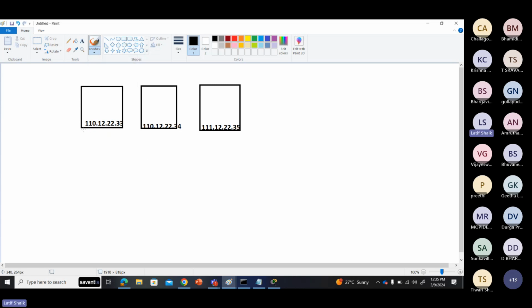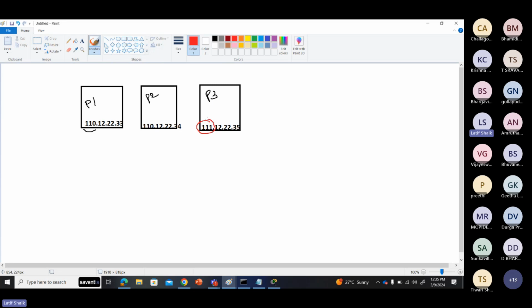So you find what happened. PC1 is able to communicate with PC2, but PC1 and PC2 can communicate with each other, not with PC3. What is the reason?